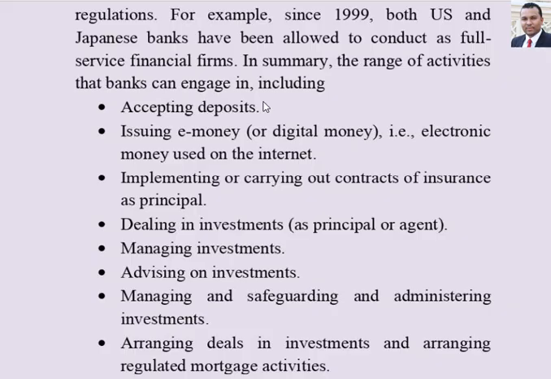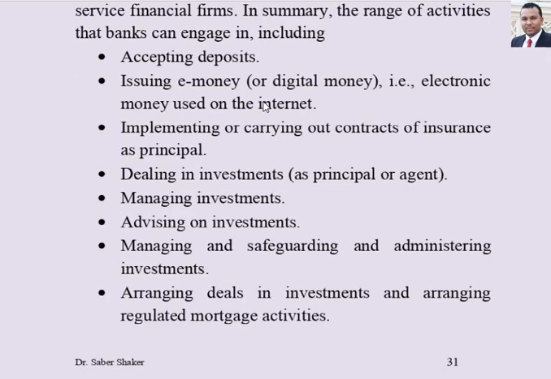Number three, we talk about insurance services and other services related to investment. So the bank can provide investment services like dealing in investment, managing investment, advising and administrating the investment. In this case, we talk about the relationship between the bank and the investor.